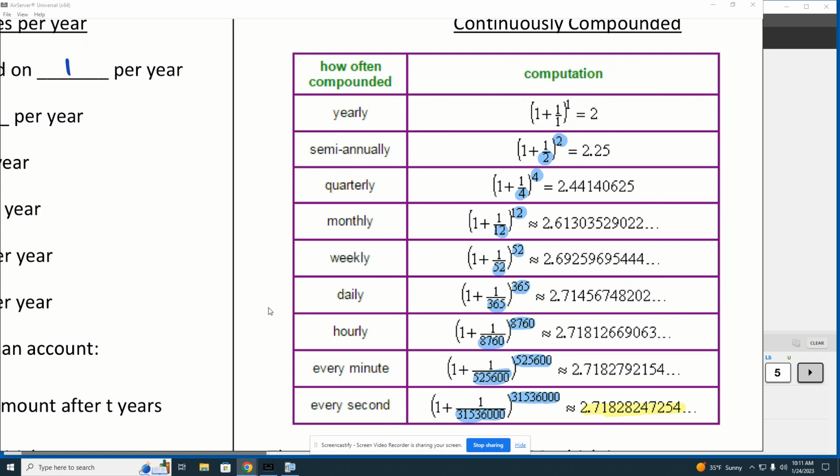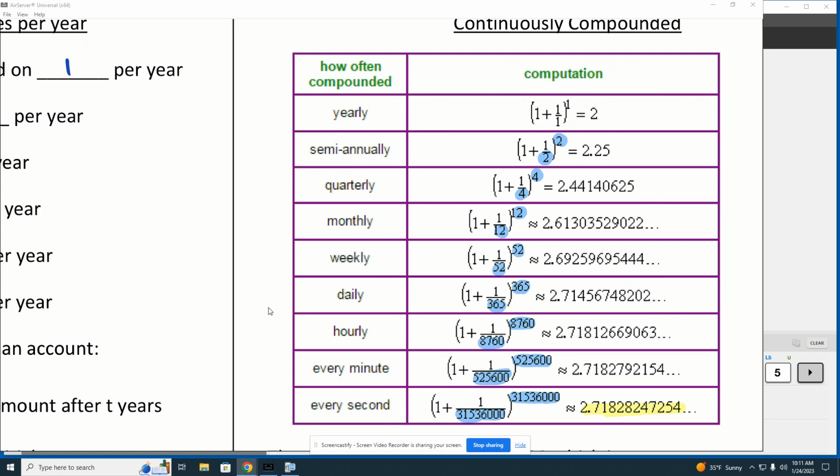Some things happen so often in nature. As we compound something more and more often, or like, for example, how bacteria grows, where it's not like, hey, bacteria is only growing once every month. It's constantly growing. You understand?